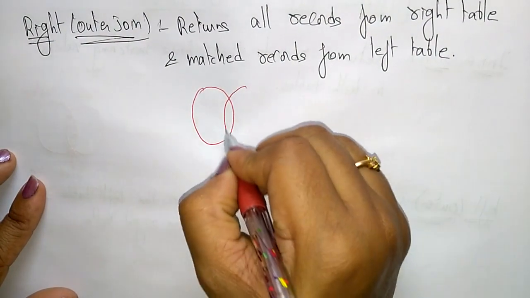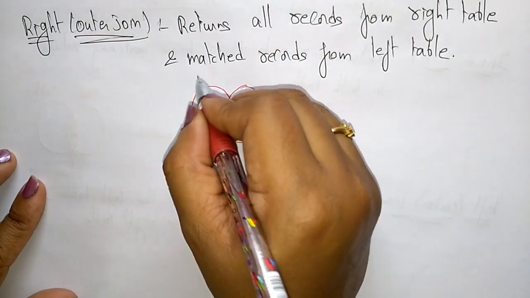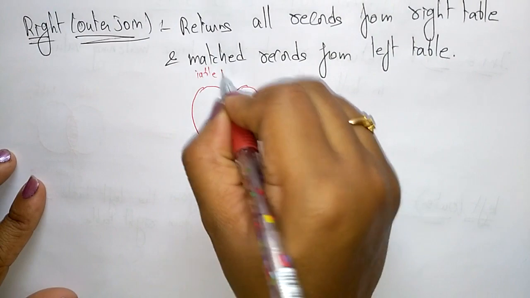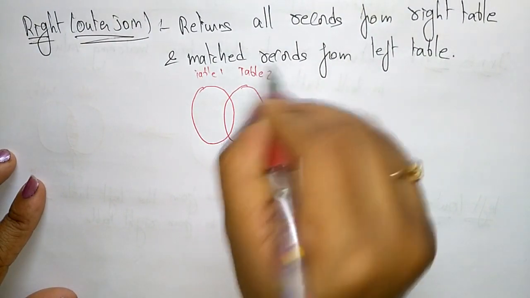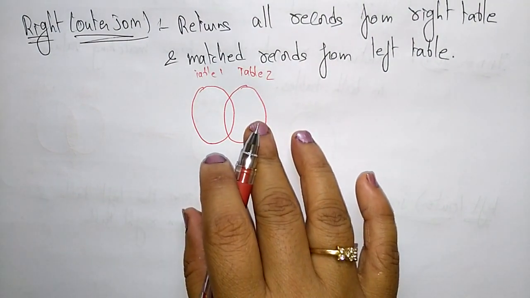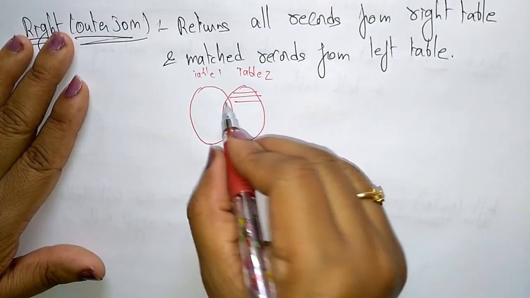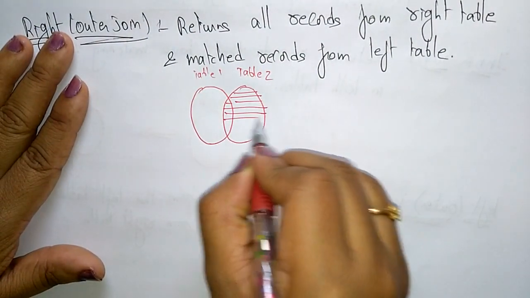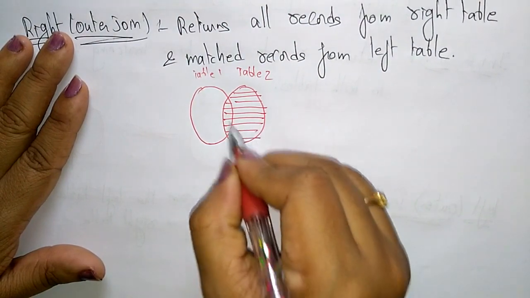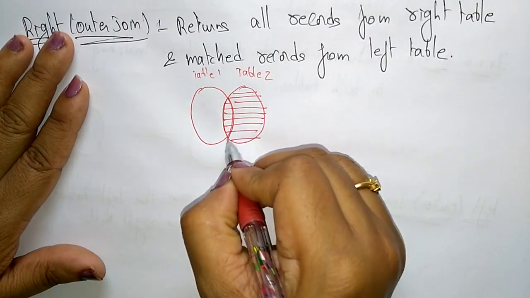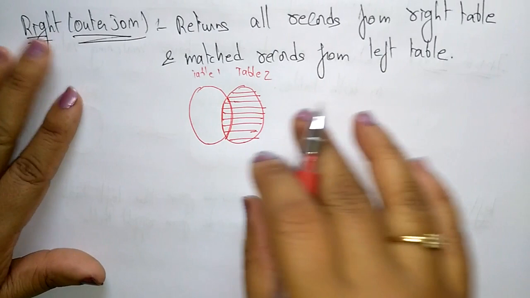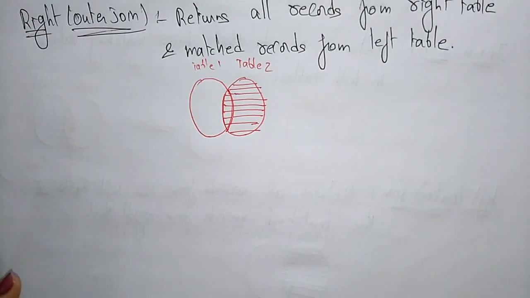Table 1, table 2. So this is left and this is right. It returns all records from right table along with the matched records in the left table. So this part is the matched records. So it returns all these records. So this is right outer join.